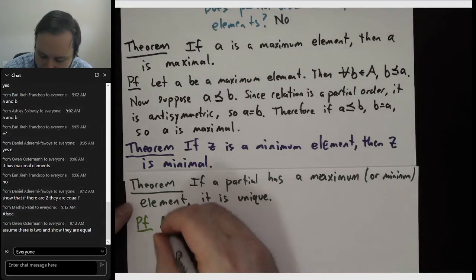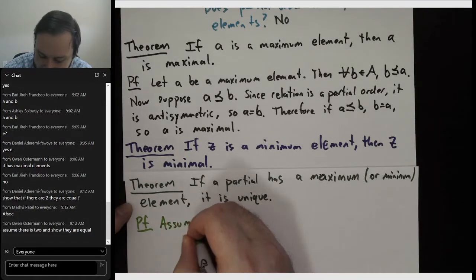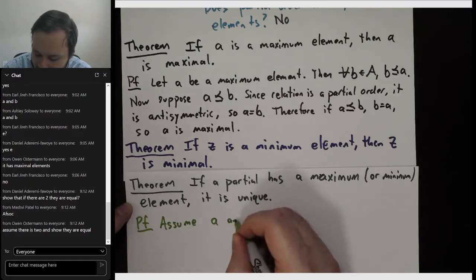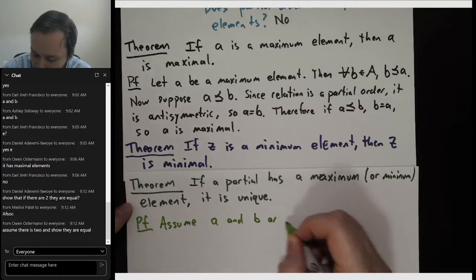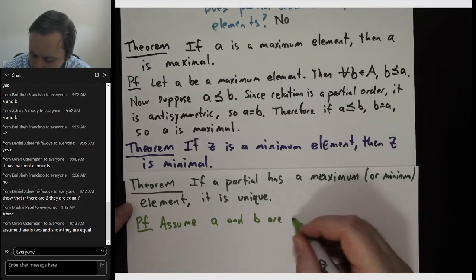I'm going to say assume, not for contradiction, just assume that A and B are both maximum elements.